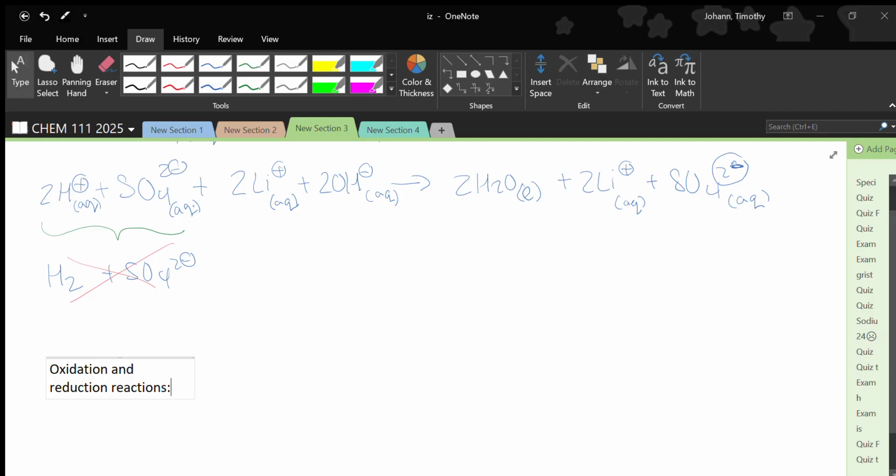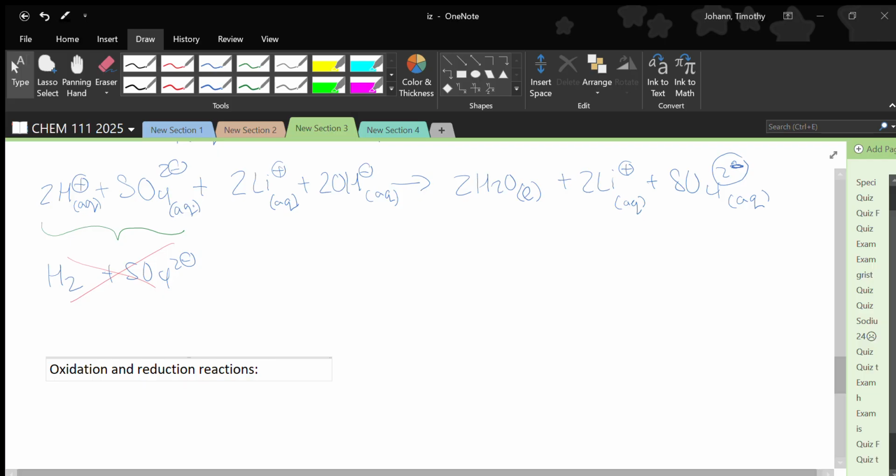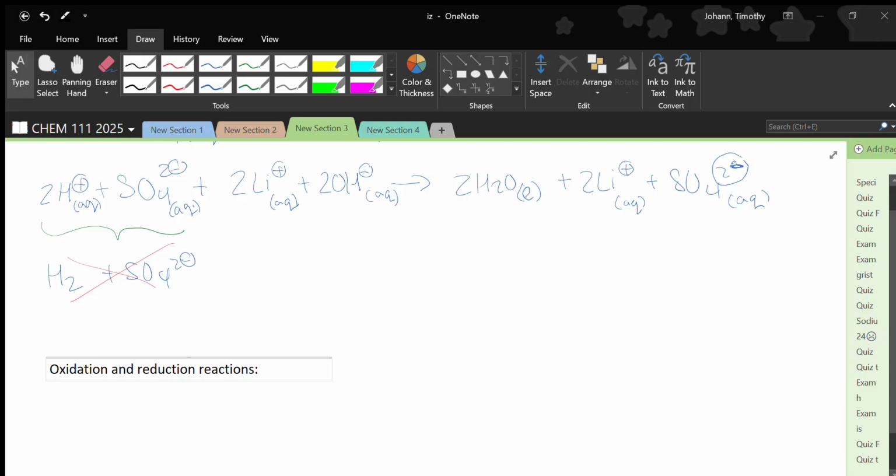All right, in oxidation and reduction reactions, electrons are transferred between compounds. Ions are compounds. I'm going to say between elements, ions, or compounds.